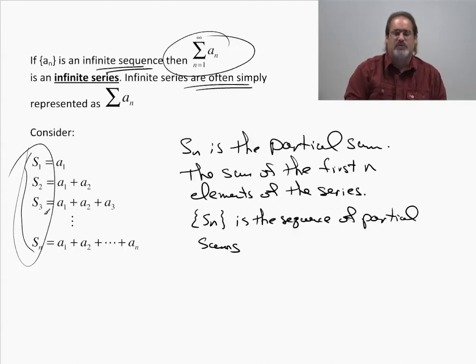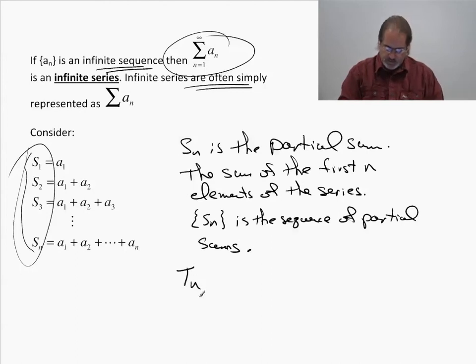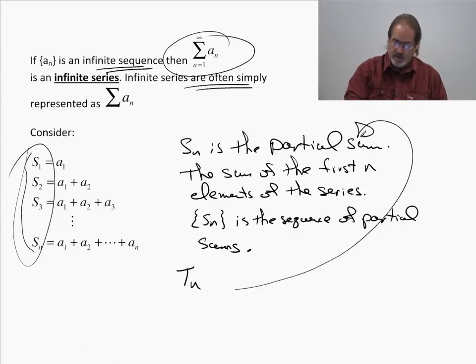Each one of these, S3 would be Sn, where n equals 3. So that'd be the third partial sum. Now, just notation-wise, depending on the book we're using or the edition, very commonly Tn may be used as the partial sum. Different books use different types of notation, but typically it's that type of notation. Both Sn and Tn are both partial sums.